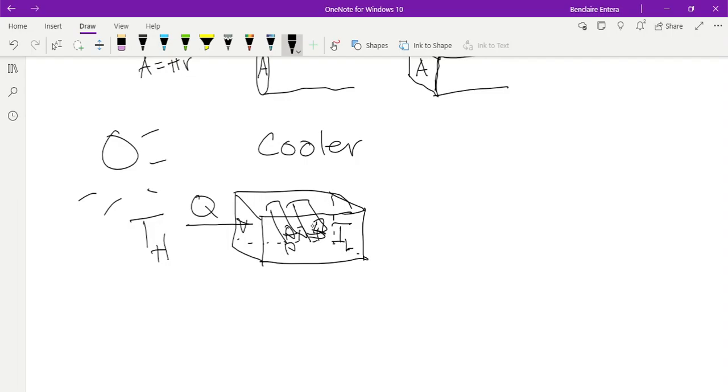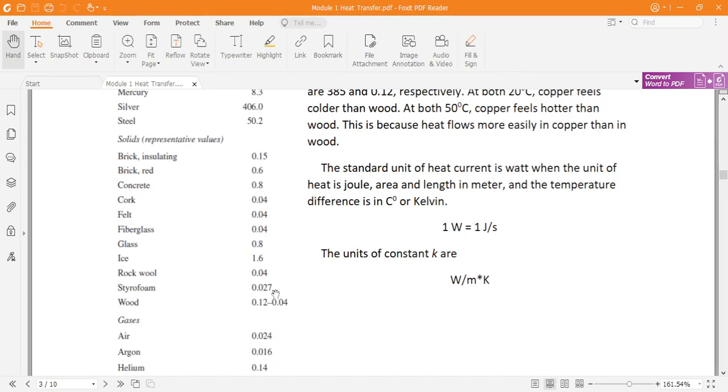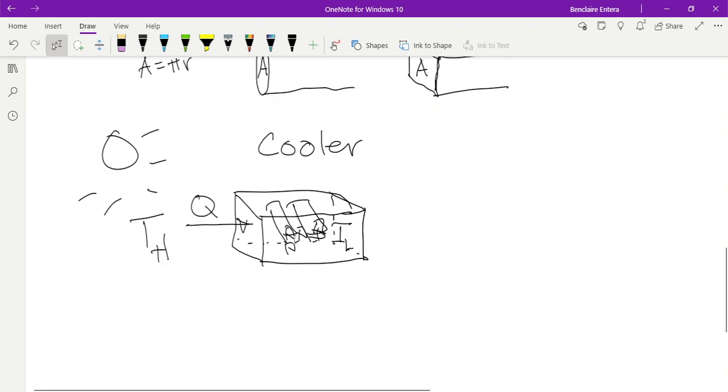So, iinit siya. So, ang gagamitin natin, usually is yung mga plastic or styrofoam. So, pansin nyo kanina, dito, ang styrofoam, napakaliit ng kaniyang thermal conductivity. So, very, very slow ang heat transfer. So, yung lamig dito sa loob ay magtatagal.